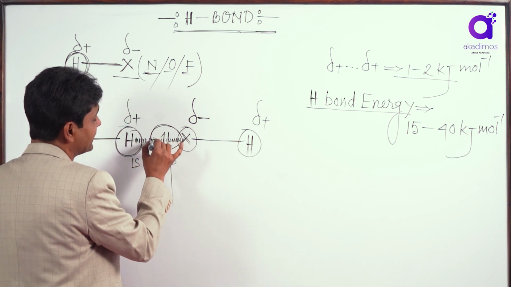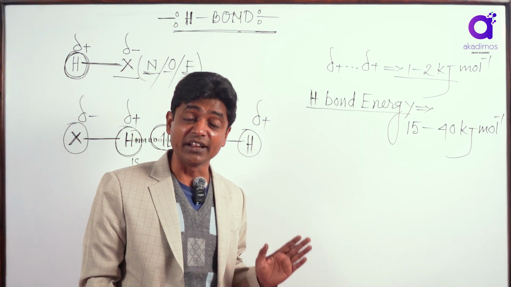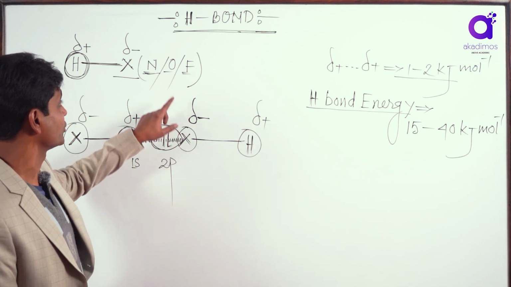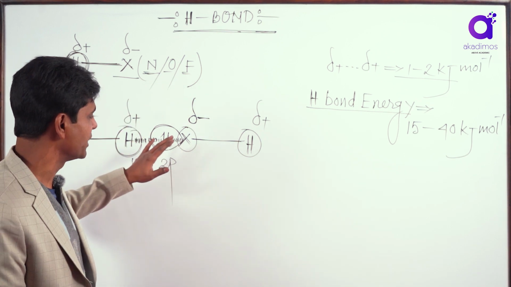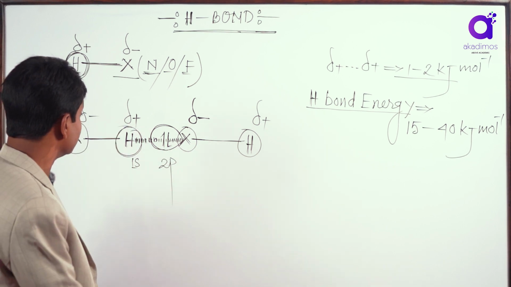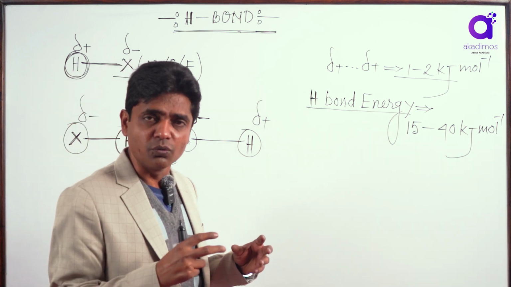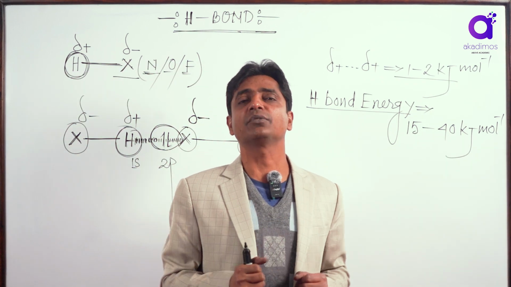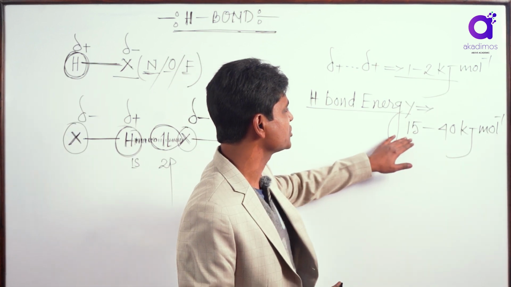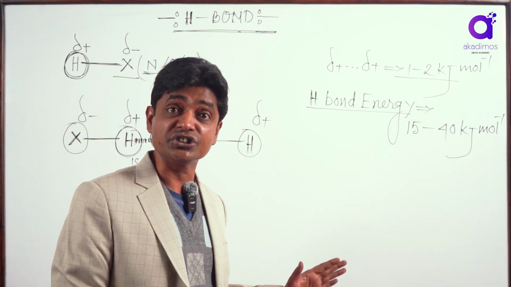That means here partial covalency will be obtained. Covalency means overlap with the 2p of the electronegative atom, or it may be a hybridized orbital, with the partially vacant 1s. This sigma nature of the bond, this overlap mixing of atomic orbital or hybrid orbital, being energy too much high, 15 to 40 kilojoule per mole. That is the origin of energy.